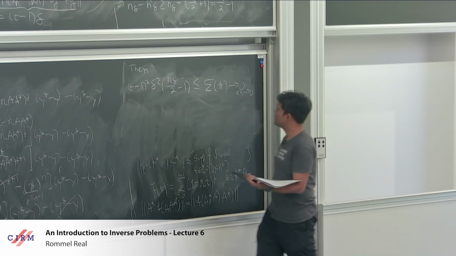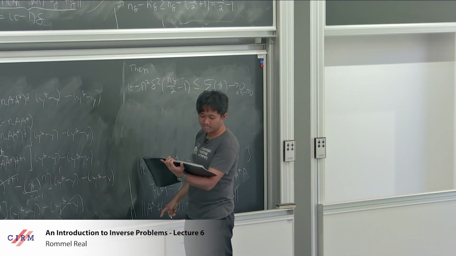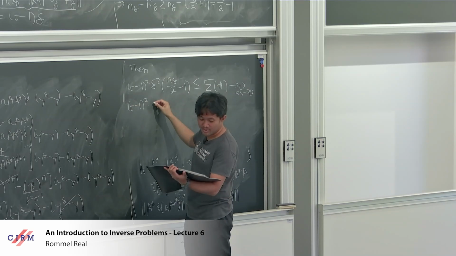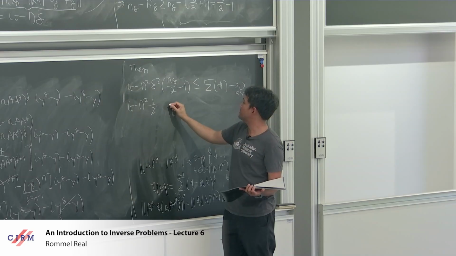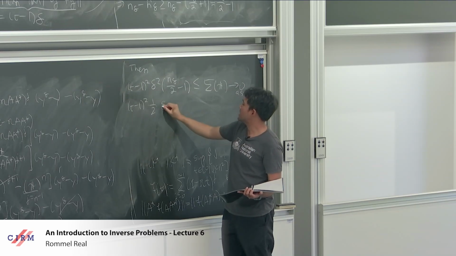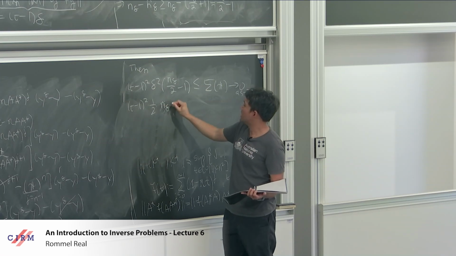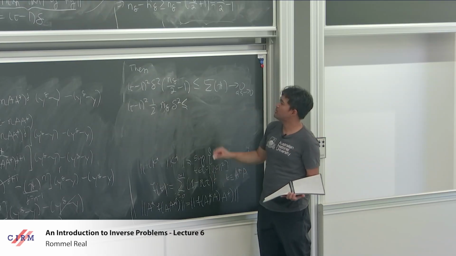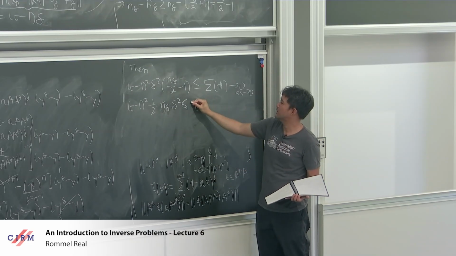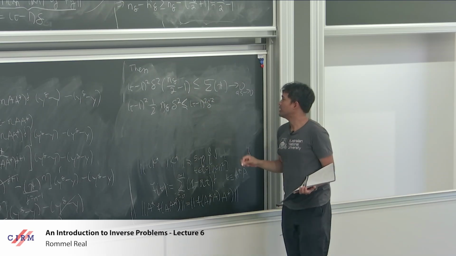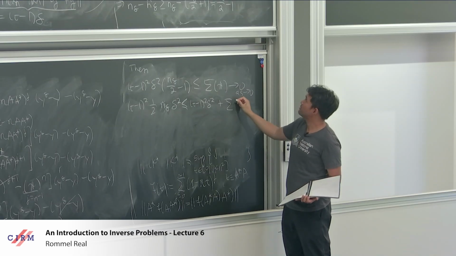Okay? Because this will imply that tau minus 1 square times 1/2 times n sub delta times delta square is less than or equal to tau minus 1 square times delta square, plus that summation there.